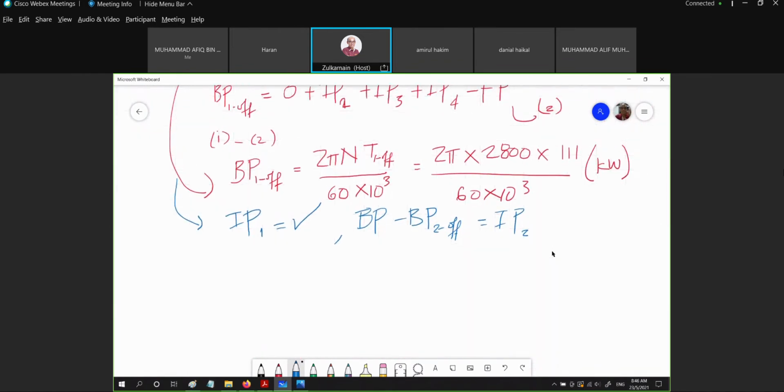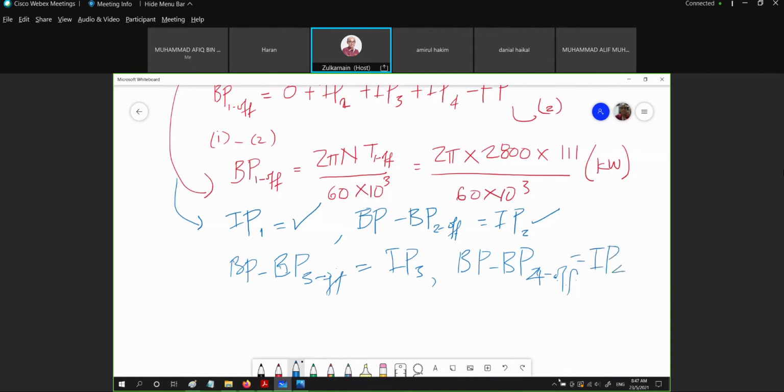So kita akan dapati yang ini adalah IP2 and then BP minus BP3 off. Kita akan dapat IP3 and then BP minus BP4 off. Kita dapat IP4.